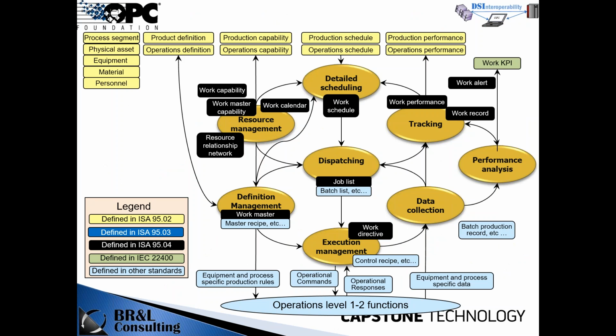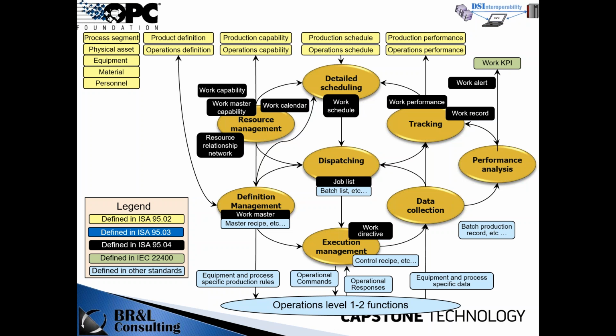Just to give you some idea of what that information is and what some of the names are, I have a slide here showing some of these pieces. It's showing, for example, that detailed scheduling activities communicate to dispatching, and they use an object called a work schedule. So we have a whole set of these information objects that can be used to integrate the different elements of level 3 together, as well as to integrate level 3 and level 4.